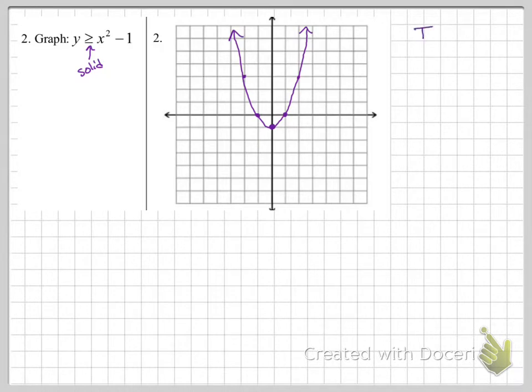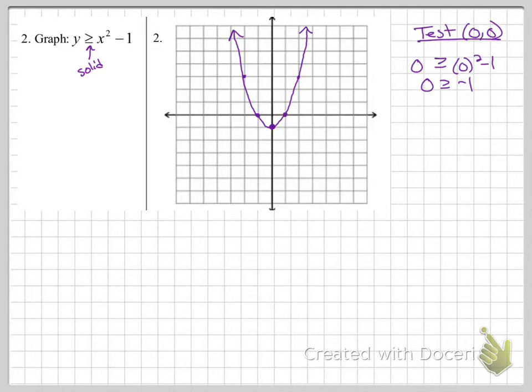Then again, you can test a point. 0, 0 is not on the purple line. I know it's not a line, but the purple curve. So I can test 0, 0. If I plug 0 in for the variables, I get this statement. Remember, it's supposed to eat the bigger number. Is it eating the bigger number right now?